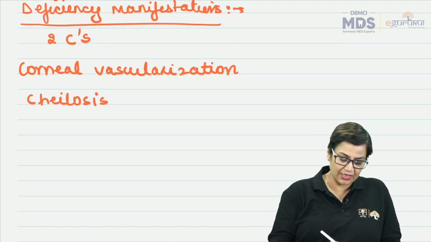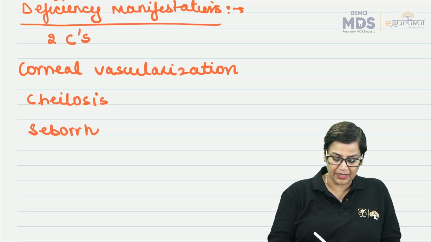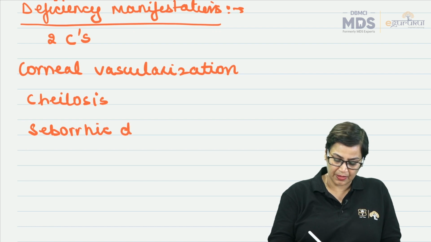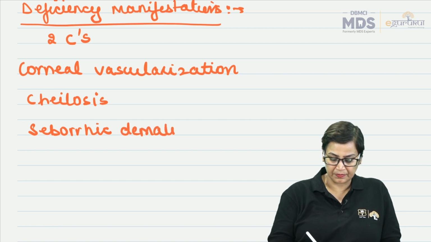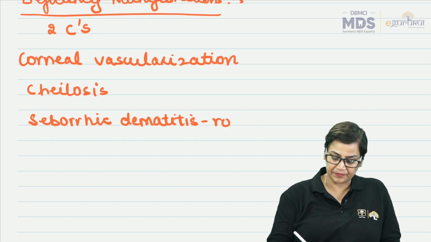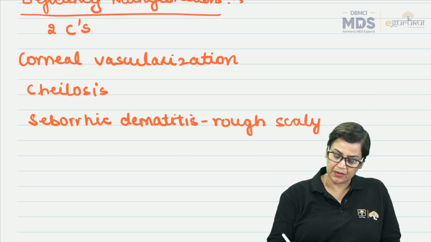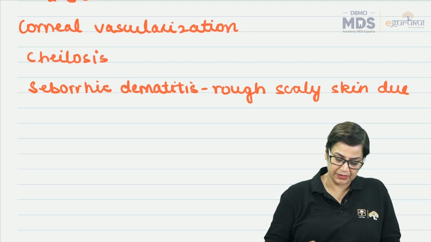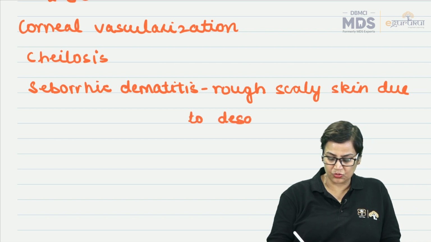Then after cheilosis, these are 2 C's. Then dermatitis is there, seborrheic dermatitis. There is a rough scaly skin. Why? Due to desquamation.